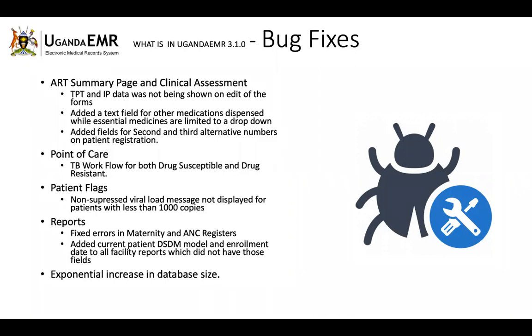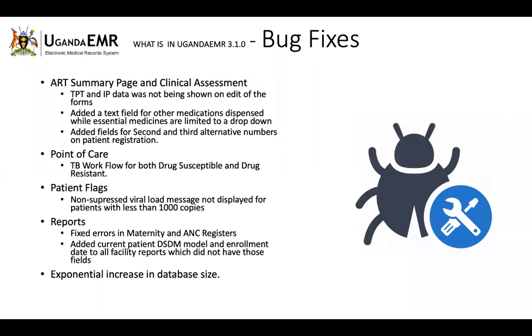So we've made sure that once you've entered TPT data or IP data and it is already in the system, the moment you go to edit, that data is reflected back. So you already know what you currently have, and what you need to enter. It makes the editing easy.